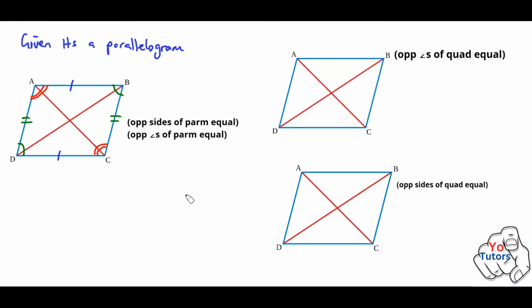Now the same applies when it comes to what is called the converse. For the converse, we are given a shape. This shape is not known to be a parallelogram, but you need to prove that it is a parallelogram. How do you prove that a certain shape is a parallelogram? That's what we are saying here.